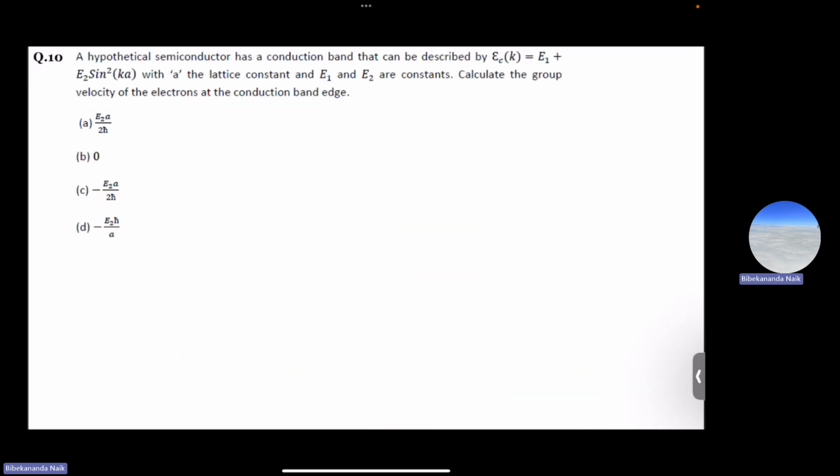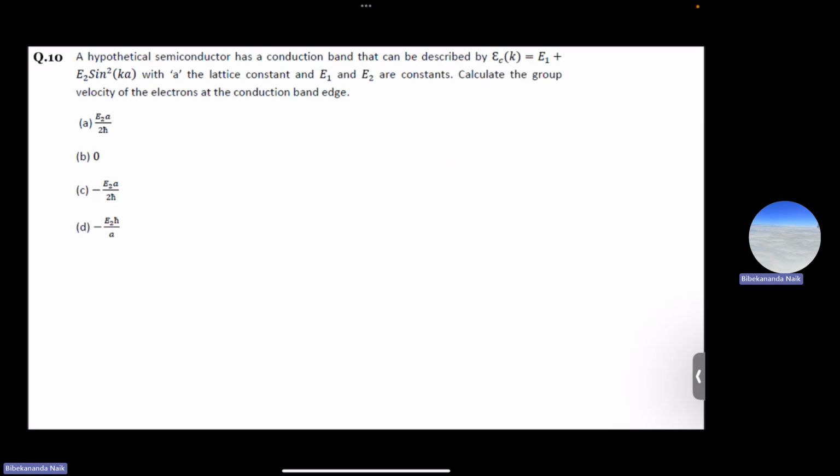Now question number 10. The question says a hypothetical semiconductor has a conduction band that can be described by Ec as a function of k is E1 plus E2 sine square Ka, where a is the lattice constant and E1 and E2 are constants. Now calculate the group velocity of the free electron at the conduction band edge. So here also, at the end of the conduction band.